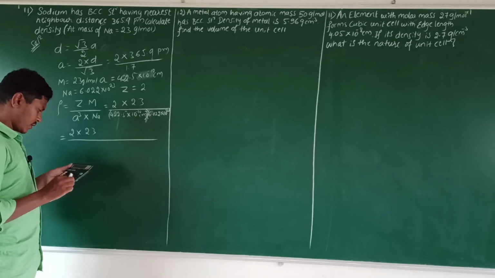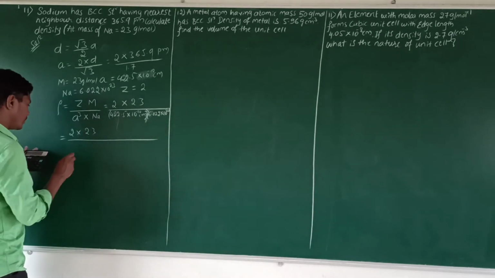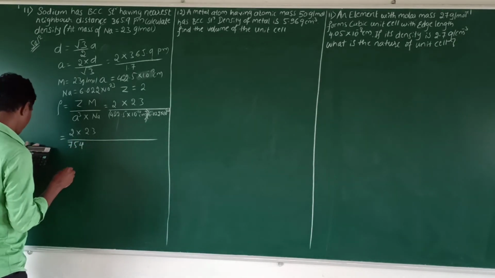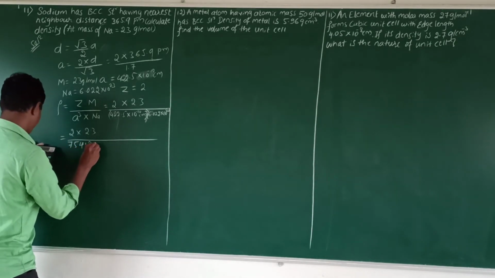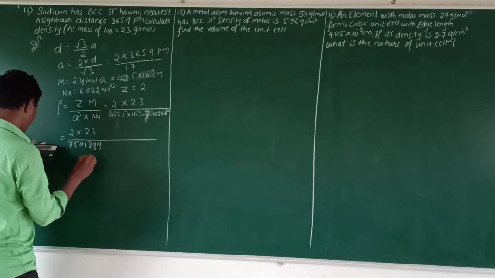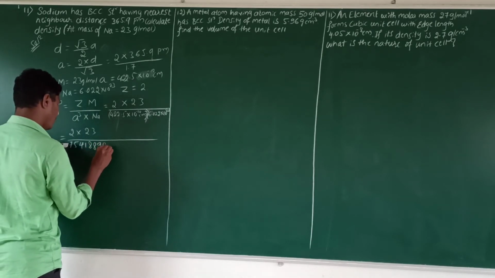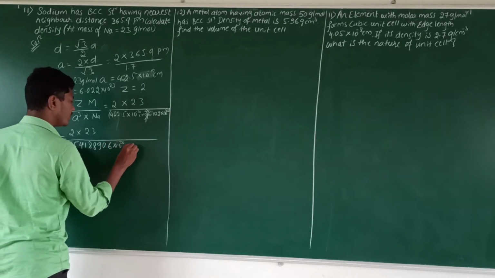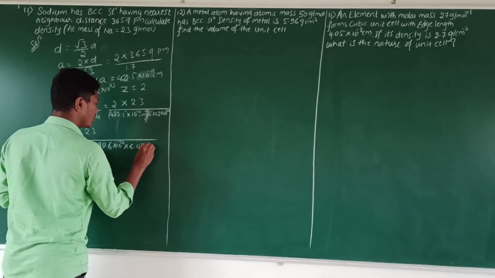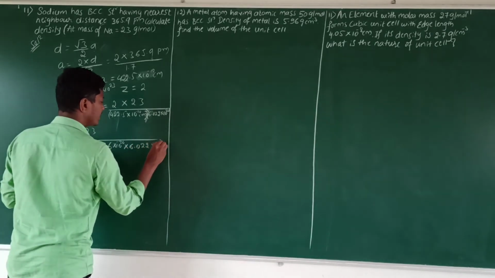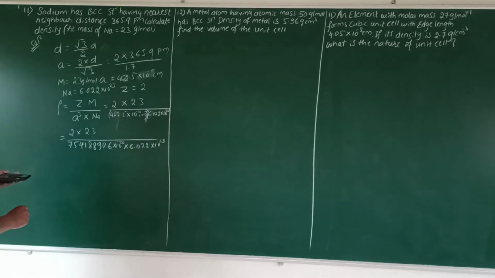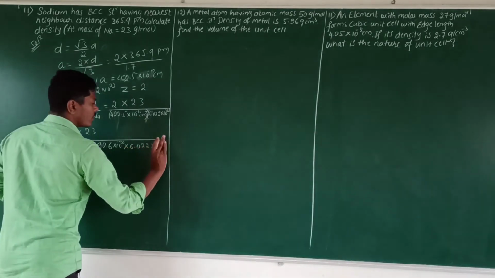We are getting a value here, 7.54189 into 10 to the power minus 30, into 6.022 into 10 to the power 23.